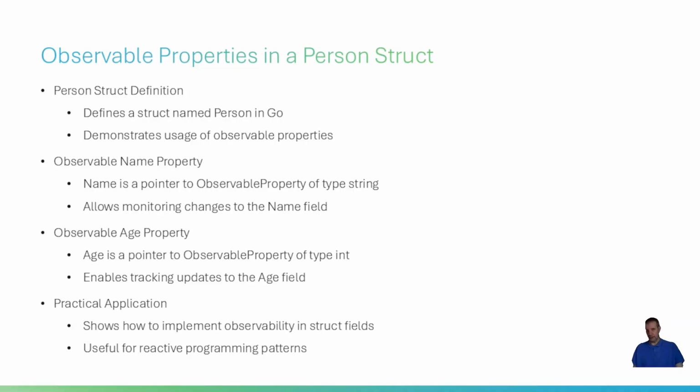Next, we're going to have the person struct, and basically it has a name and an age. Those are both pointers to observable properties, and it enables tracking updates to both fields. Let's have a look.